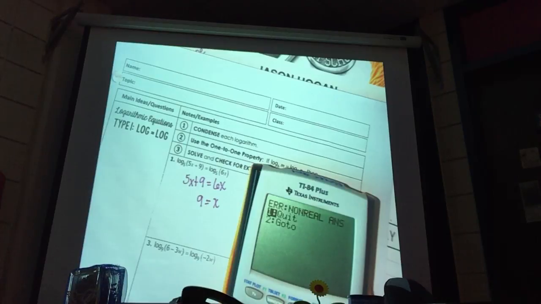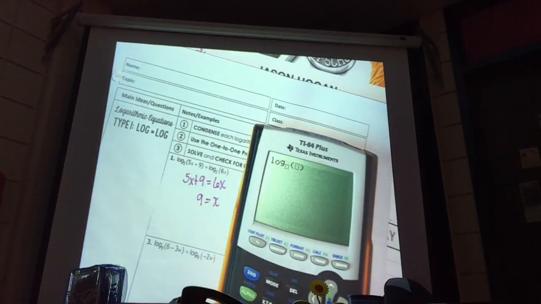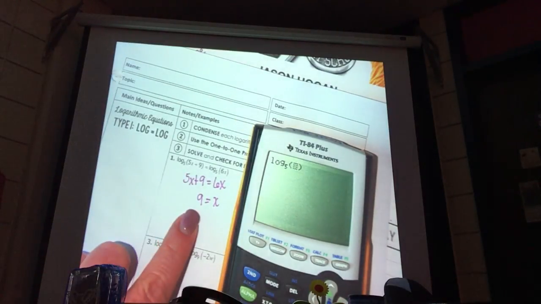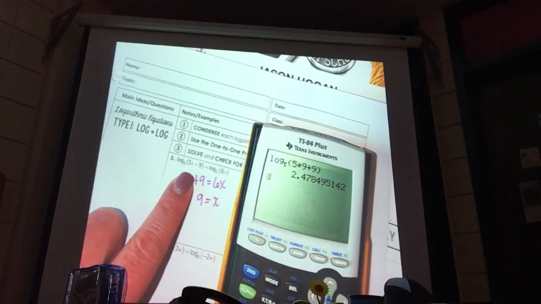Now I want to show you how to check this in your calculator. Go to Math, arrow down to log base, which is A, and you're going to have log base 5, and then substitute the 9 for the x, 5 times 9 plus 9, and you get 2.478, blah, blah, blah.